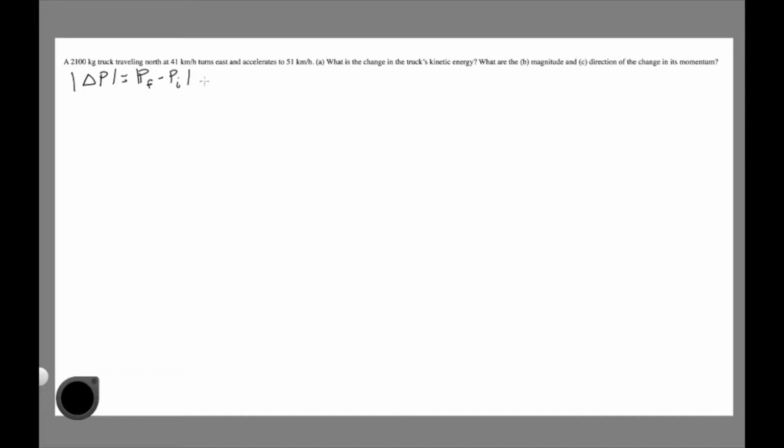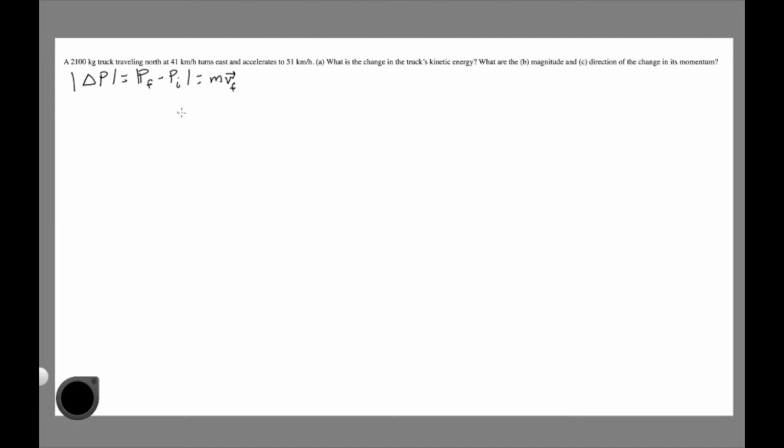So the final momentum, therefore, is going to be the object's mass times its final velocity. And we want to draw a vector on top because momentum takes into account not only the magnitude of the object's velocity, but also the direction of its velocity.